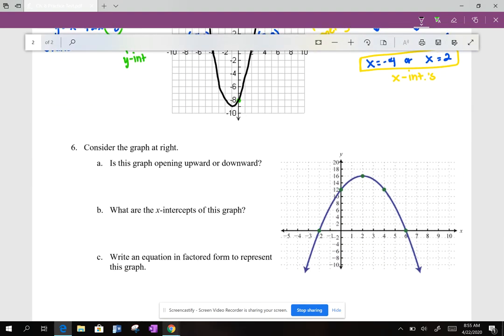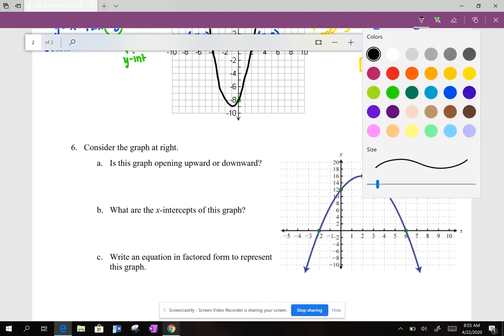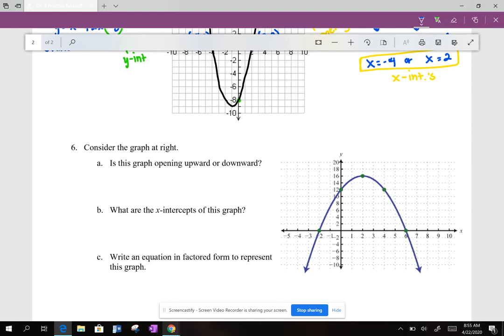Okay, number 6, last problem. Consider the graph at right. Is this graph opening upward or downward? This graph is opening downward. Okay, it looks like a frowny face.